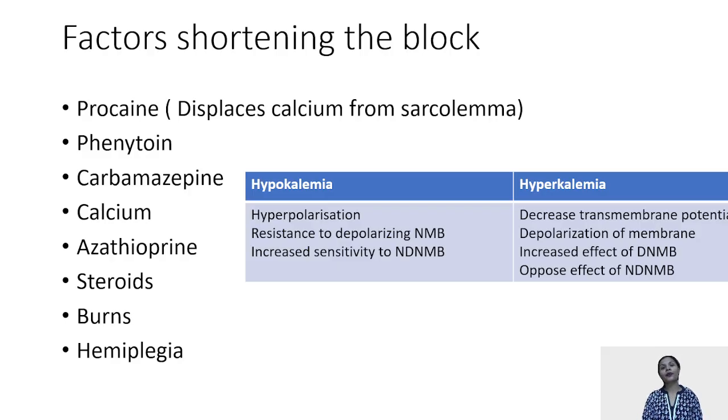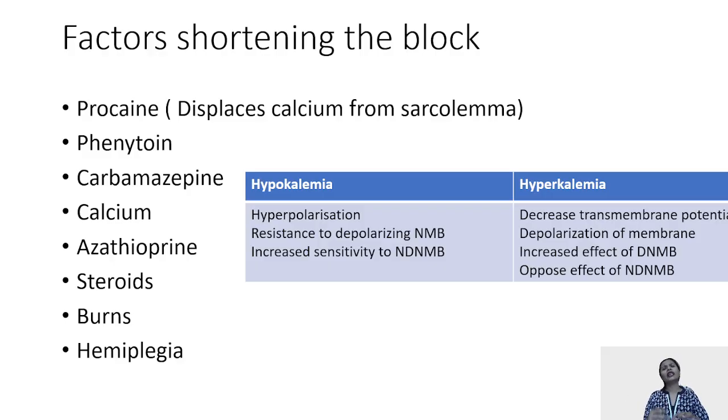Again, common sense. Anything that is going to increase the activity of your liver enzymes is eventually going to increase the metabolism of your muscle relaxants. So, your anti-epileptics, phenytoin, carbamazepine, your calcium, of course, burns and hemiplegias. These are the two conditions in which certain extrajunctional receptors are produced, and it increases the activity of your acetylcholine.